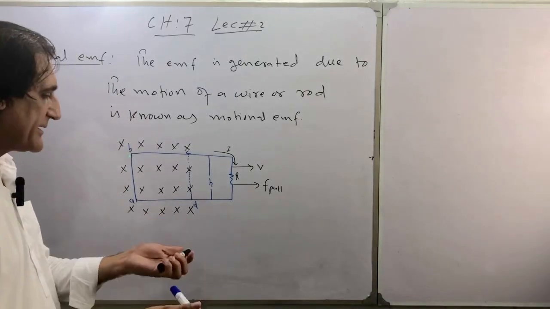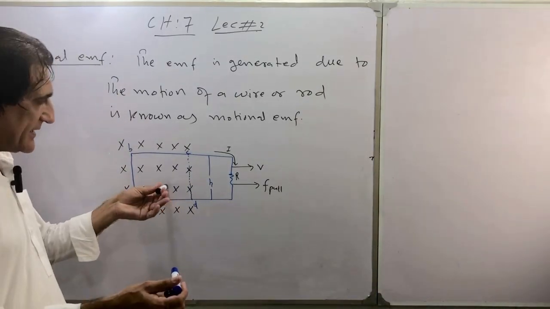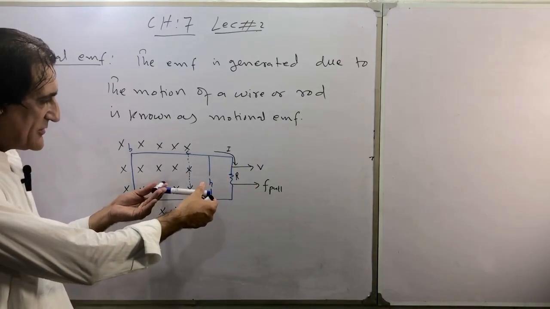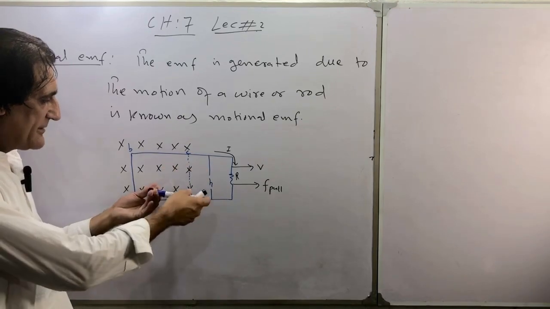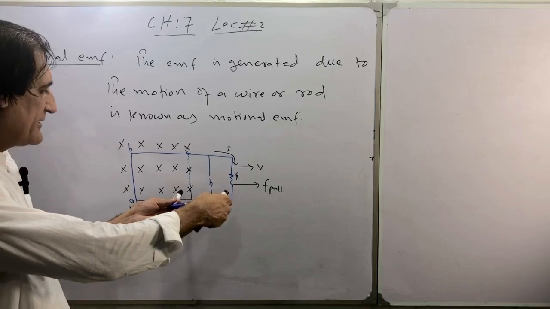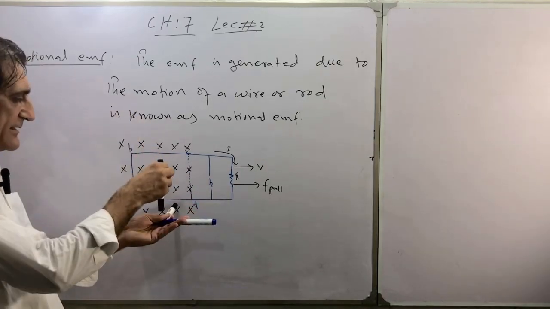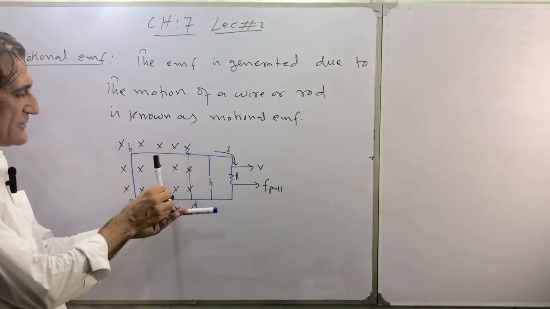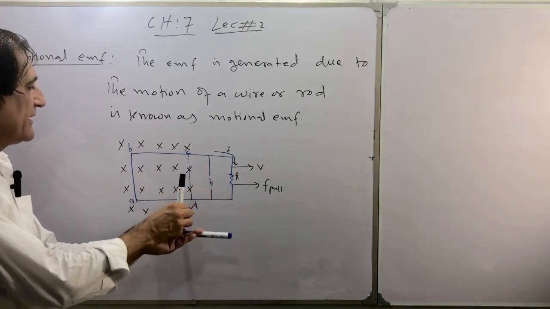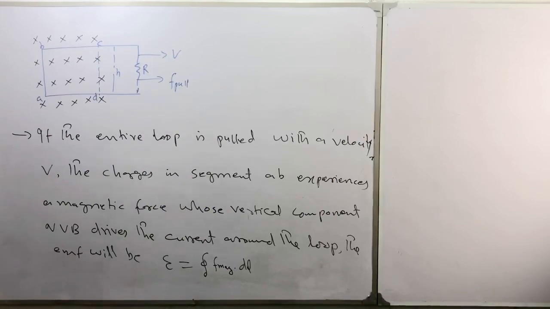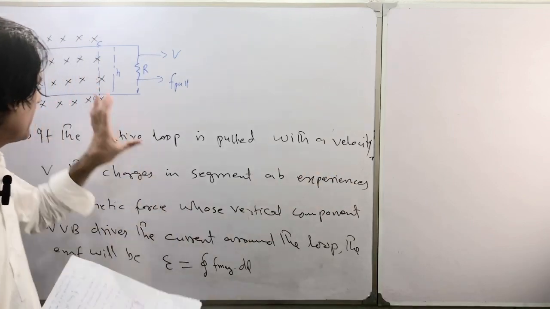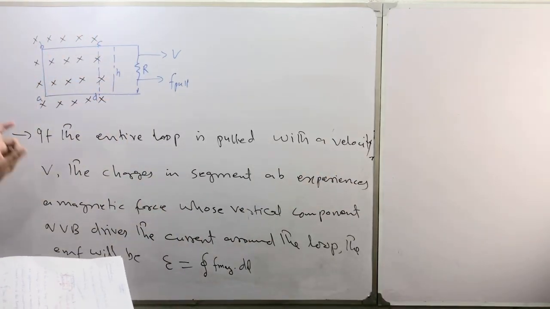Consider the magnetic field in this direction, the velocity of the coil in this direction, and the length of this wire. So this is the magnetic field, the velocity, and this length.